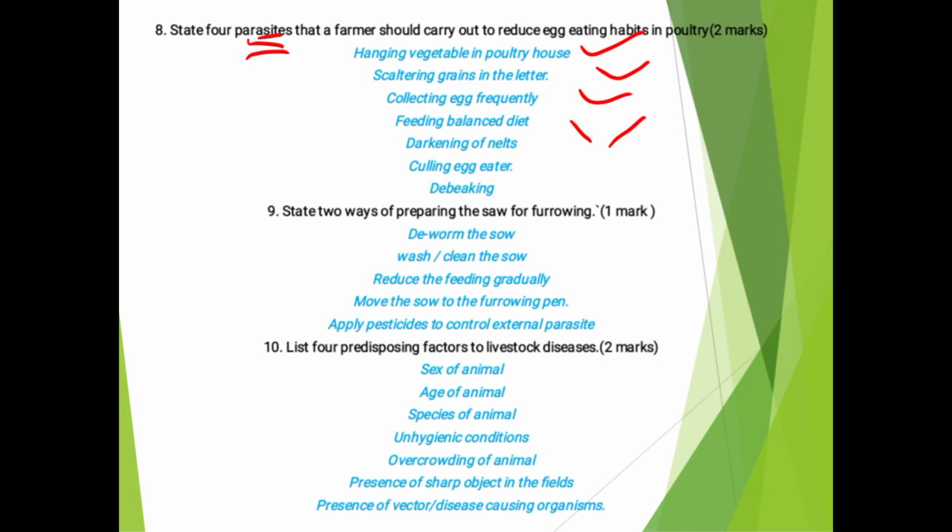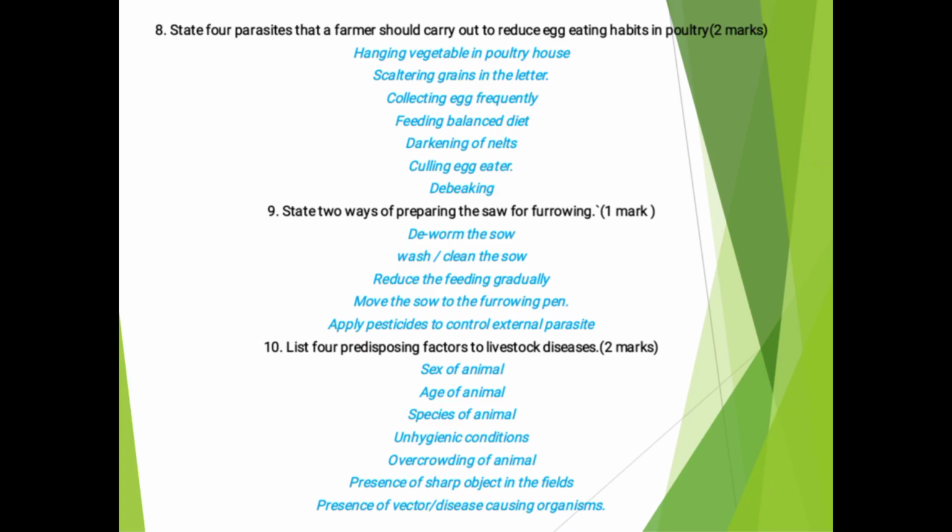Feed the chicken with a balanced diet. Then use darkened nests. And then you can cull those that eat the eggs, and you can also debeak. Remember, debeaking is basically cutting off the beaks of those that are eating the eggs.